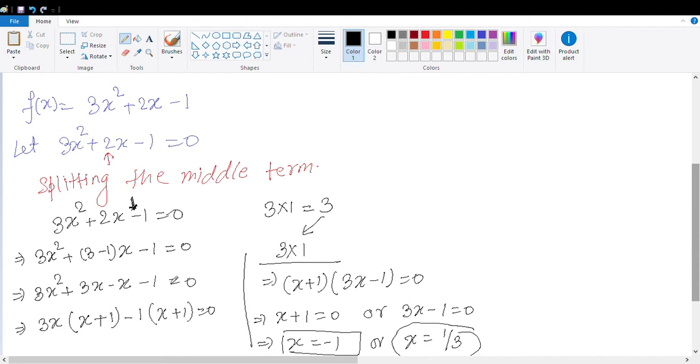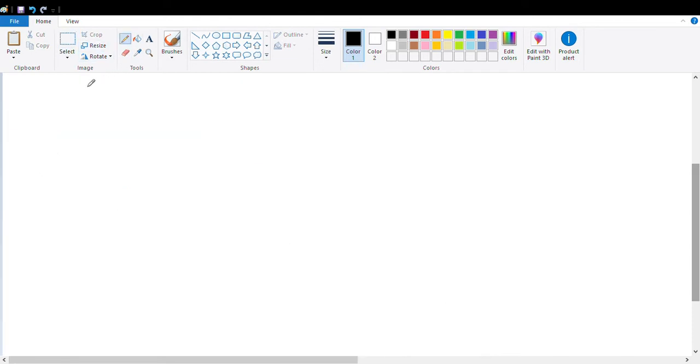Okay, let's consider one more example for splitting the middle term so that it may be very clear to you. Suppose we have a quadratic polynomial f(x) is equal to 2x square plus 7x plus 5.